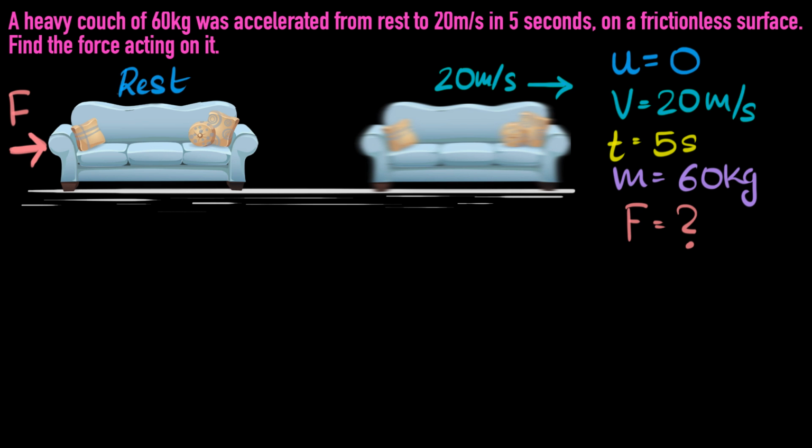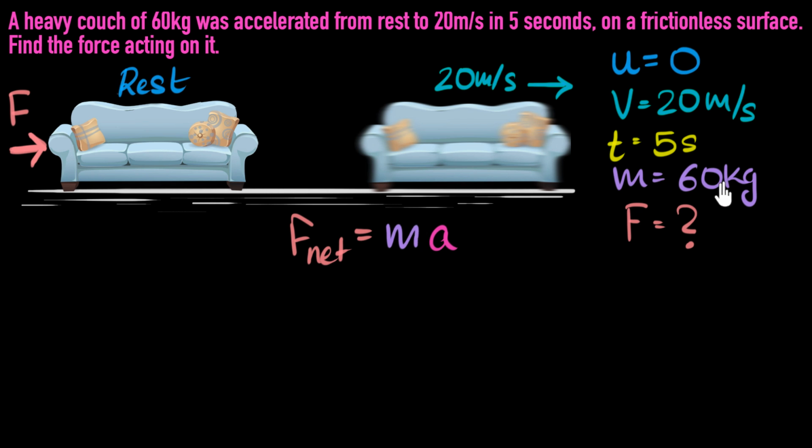The famous equation F equals ma is the connection between force and motion, right? So let's go ahead and use that equation. And let's first see if we can use it. So what is net force? Net force means the total force acting on our object. Since there's only one force acting on that object, that is F, that itself is our net force. So that itself is what we need to calculate, okay?